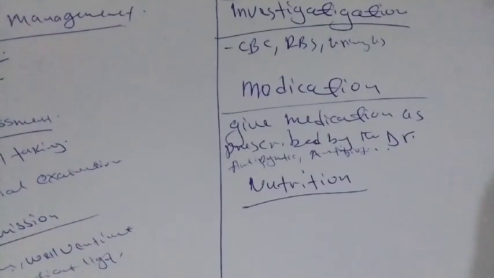So under nutrition, you are going to advise or give the food according to the condition of the patient. If someone is malnourished, you know also the food which is needed for the baby or for the person, isn't it?